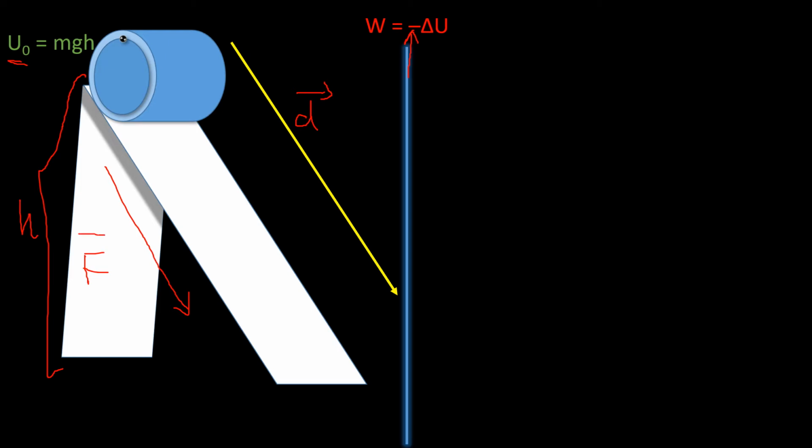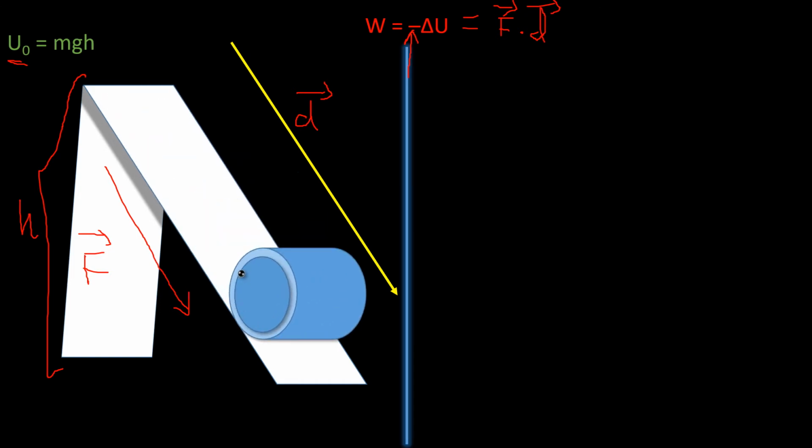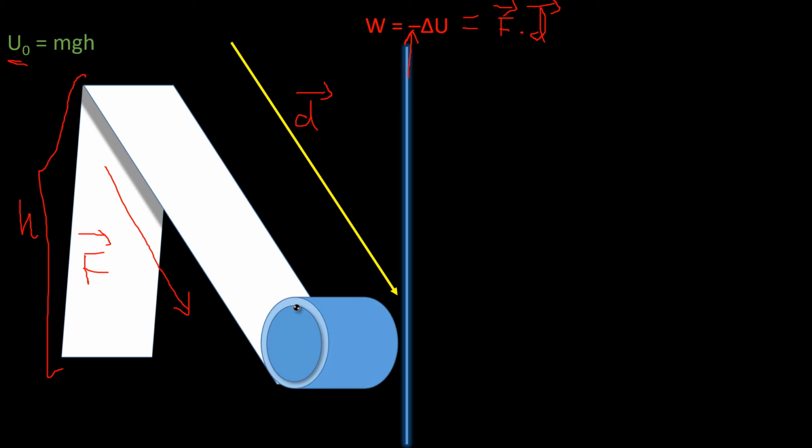So if we apply W = F dot d, in this case, what is the cos theta value? Cos theta is 1, so work done is positive, isn't it? And what will happen to its potential energy then? We know that at the bottom potential energy is 0.